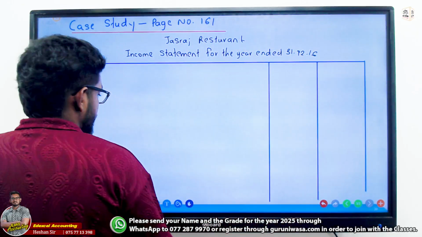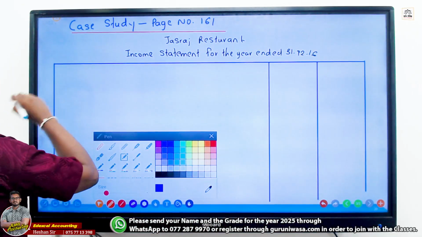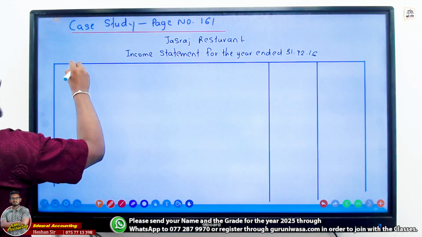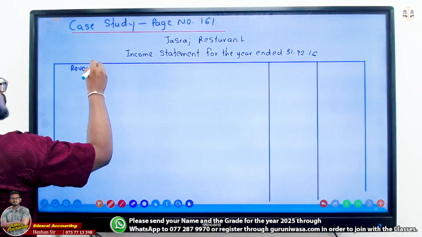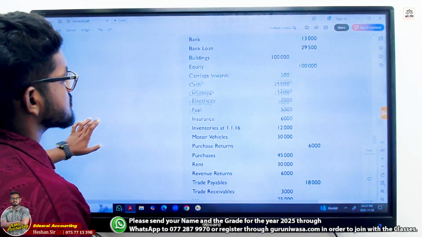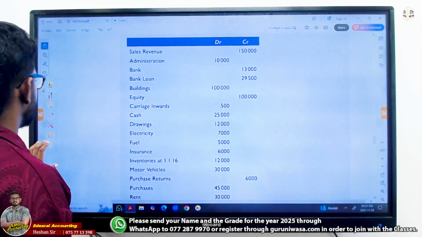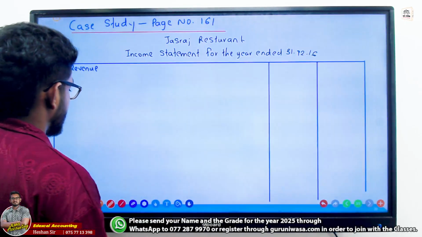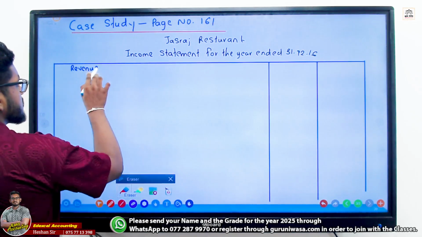First, fully write the format. Revenue, right? For the sales, both are the same.